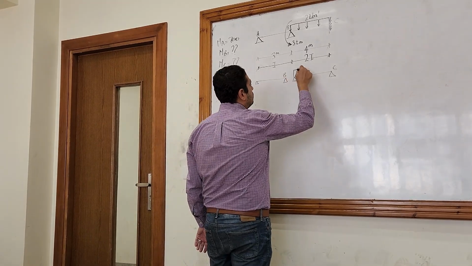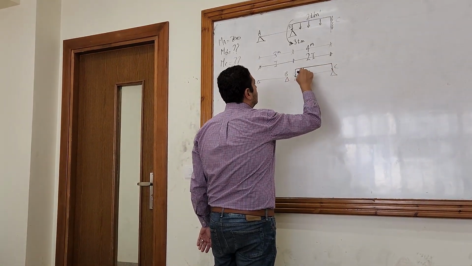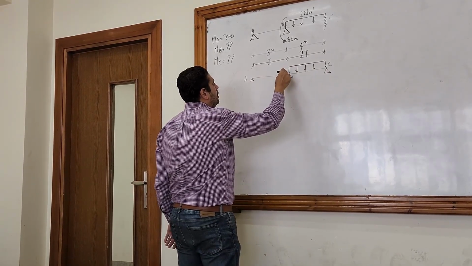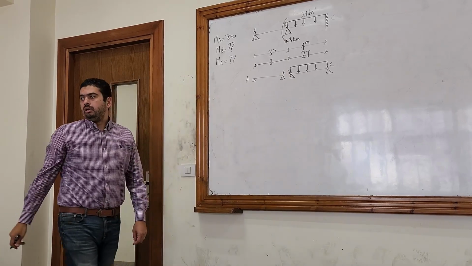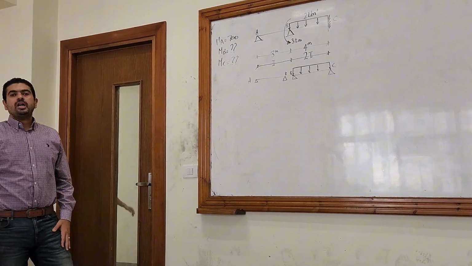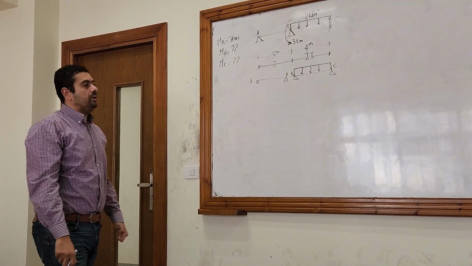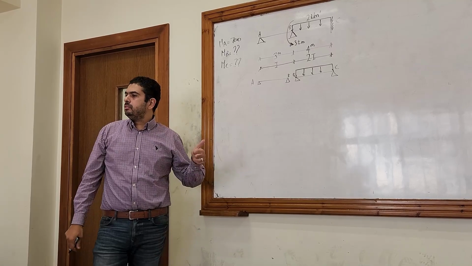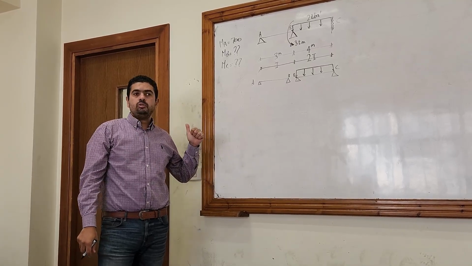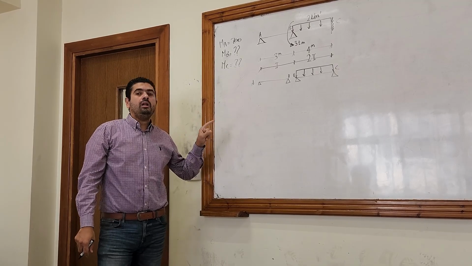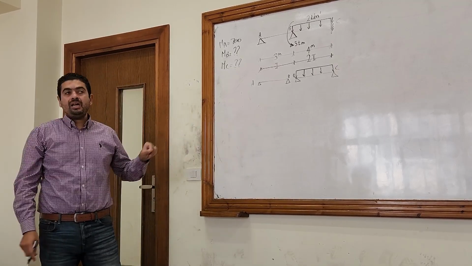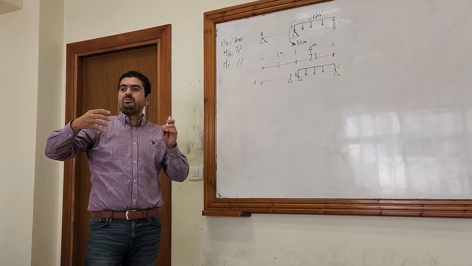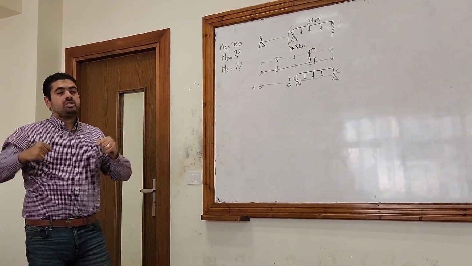Here, I have a uniform distributed load. And on span AB, I don't have any loads. What about the concentrated moment at B, 3 ton-meter? Again, we didn't see this concentrated moment in the last two examples. How will I deal with the concentrated moment now if it is on a support and I am splitting each span?